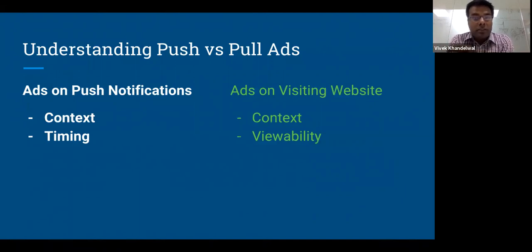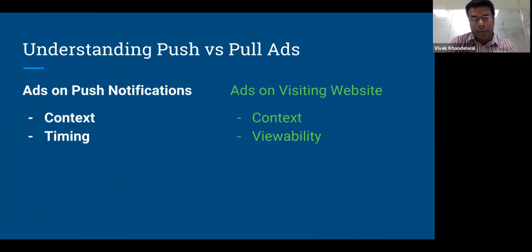With push notifications, what is extremely critical is how you are timing them. Given that it's a notification, the timing dictates the experience of the user, specifically because of varying devices. The way you would consume content on a mobile device is very different from the way you would consume content on a desktop device. This is why getting the timing right while engaging with your audience, or while pushing ads to your audience with push notifications, is extremely important.